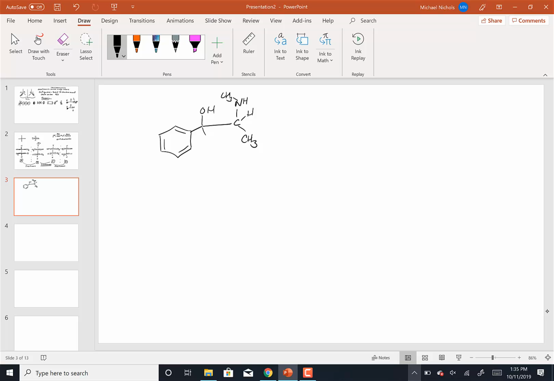And I erase there. And I erase the CH3 and I put an H there. That is the structure. One diastereomer is pseudoephedrine, and the other diastereomer is ephedrine. Okay? Two different diastereomers.